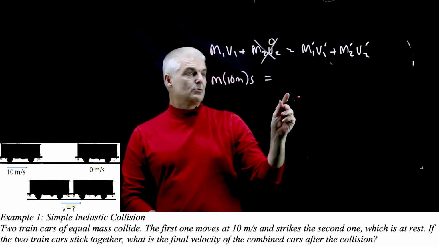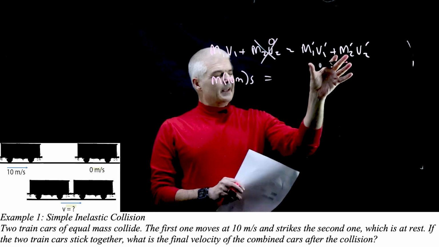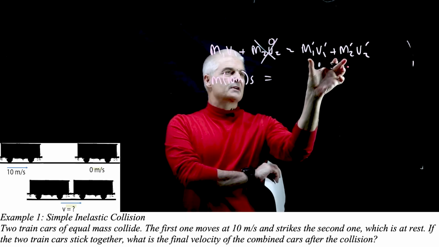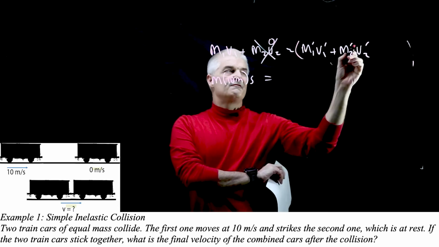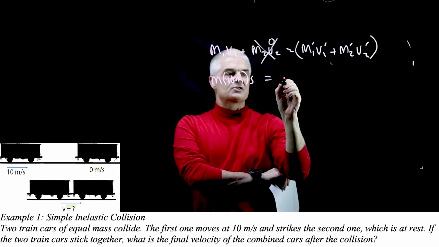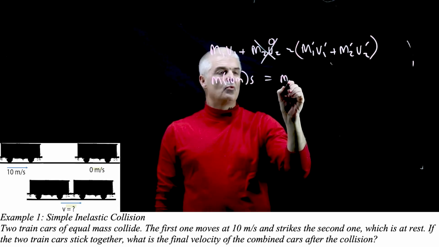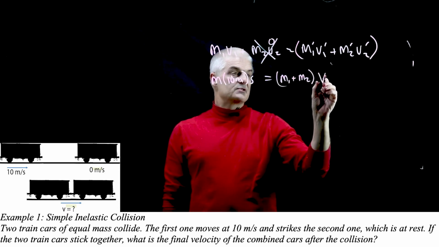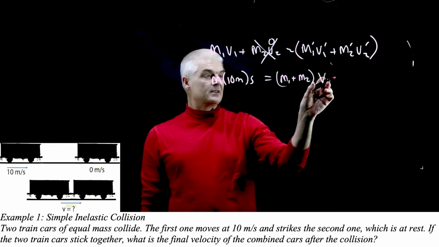Now what's going to happen when they're inelastic? These guys are going to combine, so it's going to be one full term. We're going to say M1 plus M2 times V. We want to find the velocity.